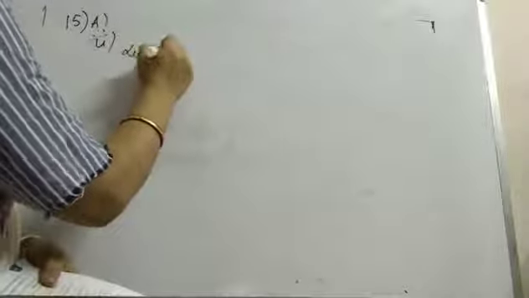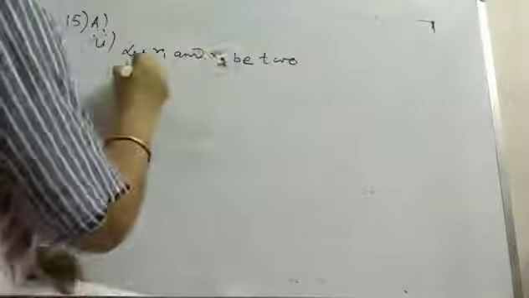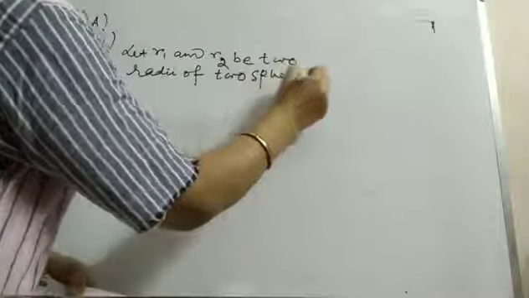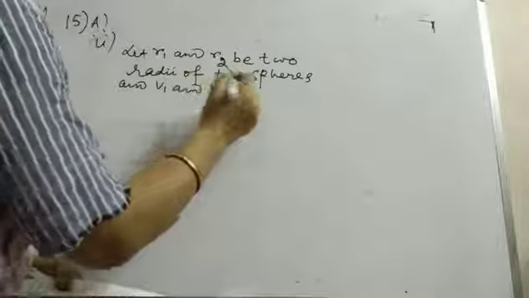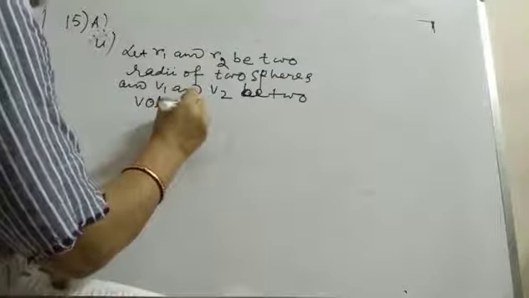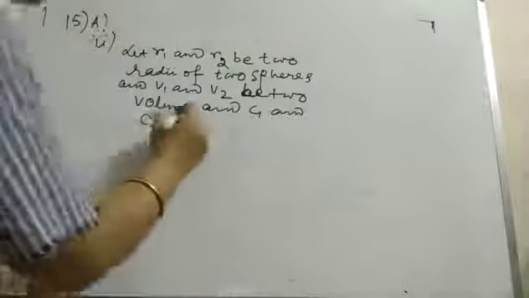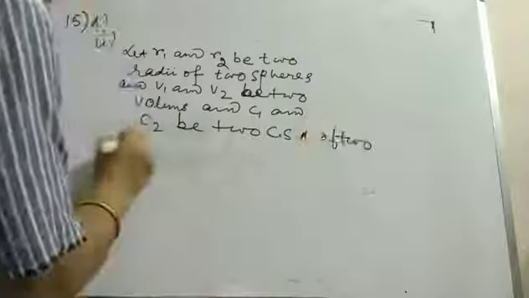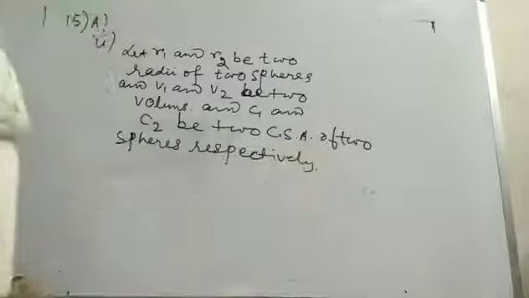Let R1 and R2 be the two radii of the two spheres, V1 and V2 be the two volumes, and C1 and C2 be the two curved surface areas of the two spheres respectively.